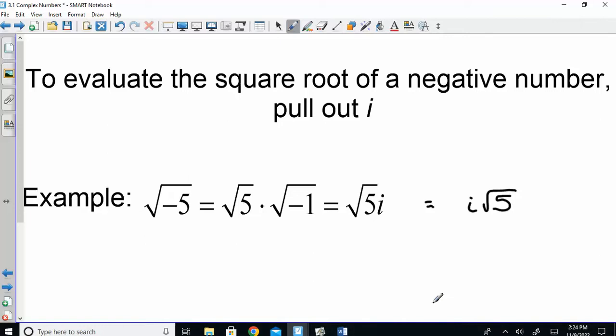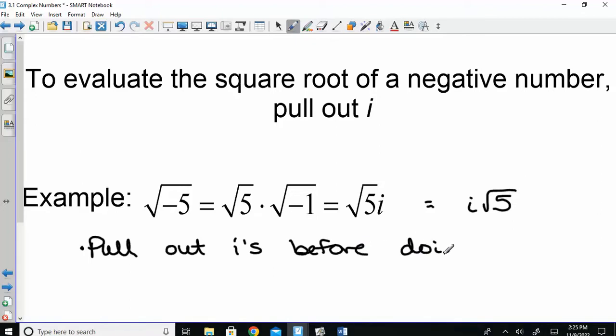When we work with any of these, it's also very important to pull out the i's before doing other calculations.